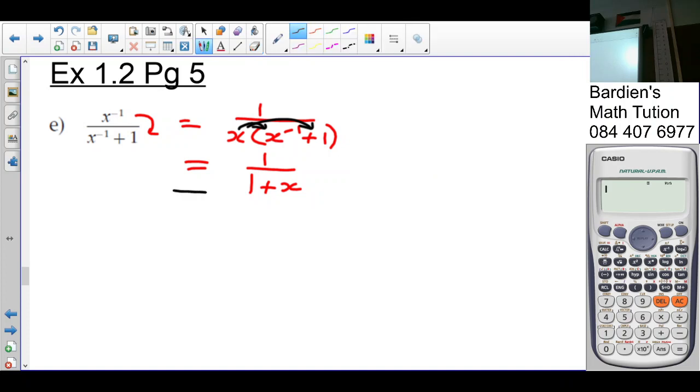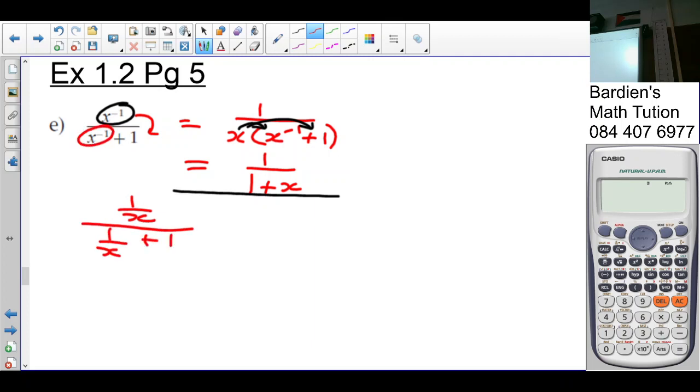So what we do is, we're going to take that and put it as 1 over x over, and that there becomes also 1 over x. Not so? So what's my LCM in the denominator? Remember this line here means to divide.